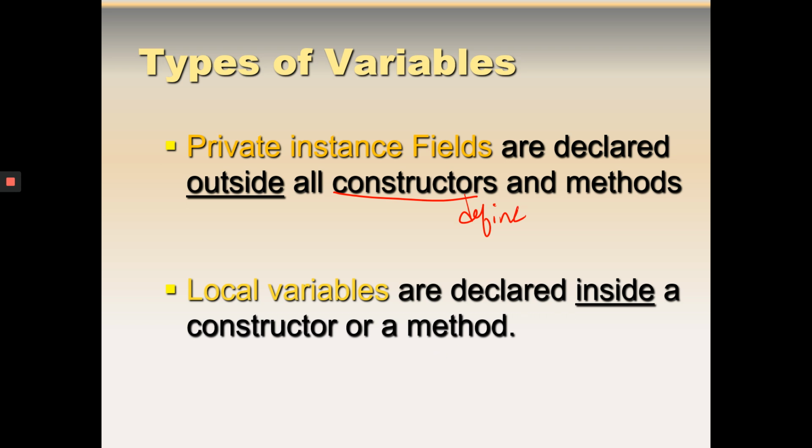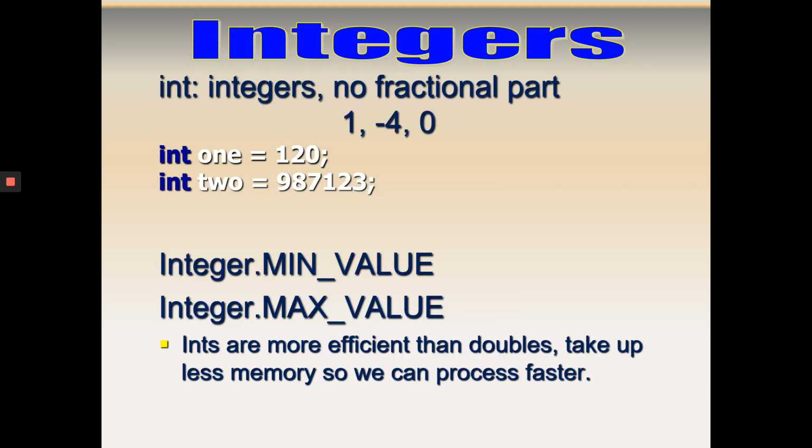Local variable, all right, so let's talk a little bit more about integers. There is something called Integer.MIN_VALUE and Integer.MAX_VALUE. If we type this into our computers, we will see what the min and max value is. And I think it's those largest 2 billion and something.